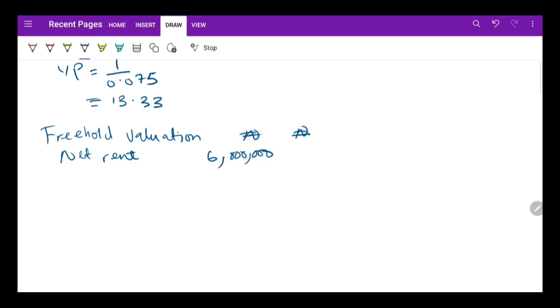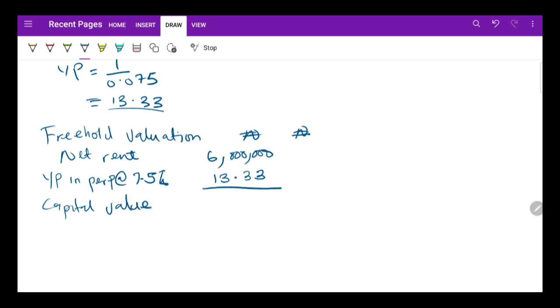Then we have YP in perp at 7.5%, which is this figure that we have here, and that's 13.33. So we multiply that to get a capital value, which is equal to 80 million naira. Very easy. The only tricky part is knowing when to use it. Otherwise, the calculation is very easy.